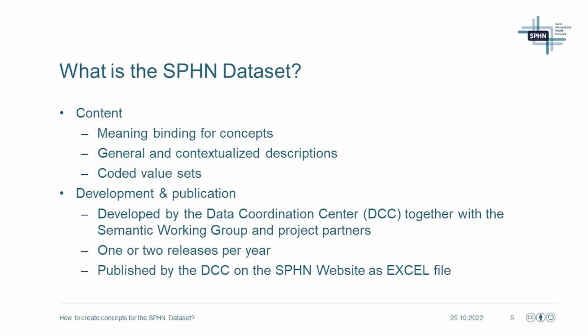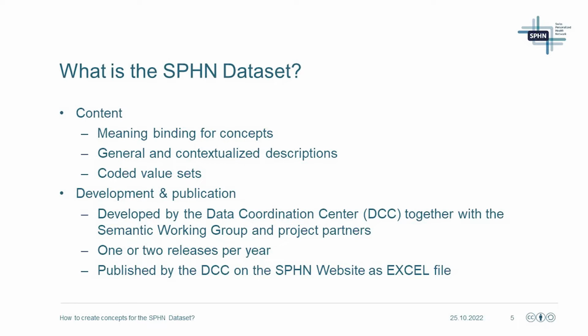As a summary, the dataset contains meaning binding for concepts. This is helpful, especially for analytics and when it comes to using the knowledge that's built in those terminologies. It contains general and contextualized descriptions and coded value sets.